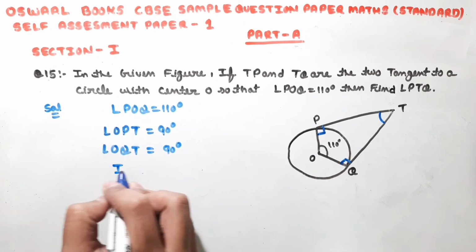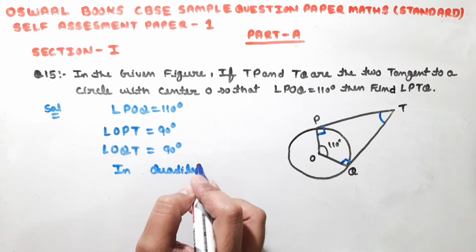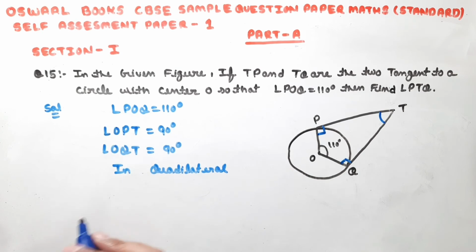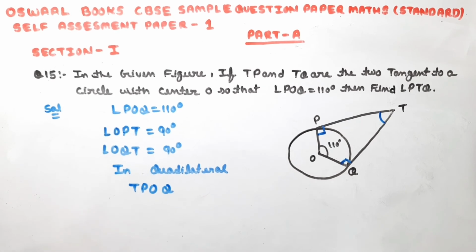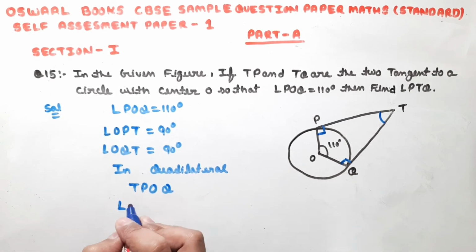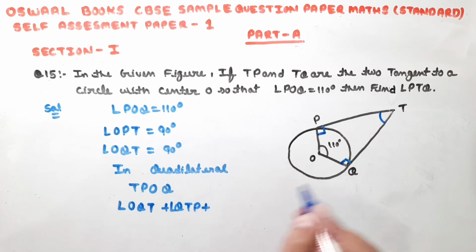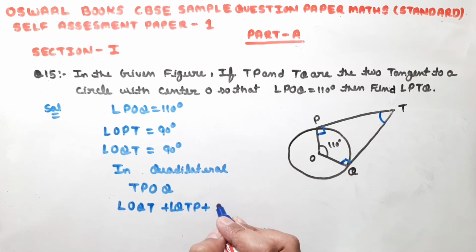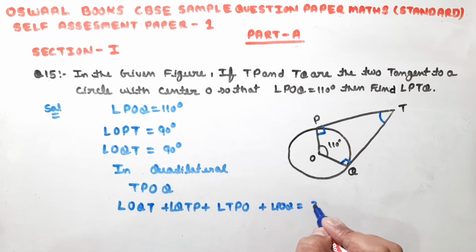So in quadrilateral TPOQ, angle OQT plus angle QTP plus angle TPO plus angle POQ will be equal to 360 degrees.